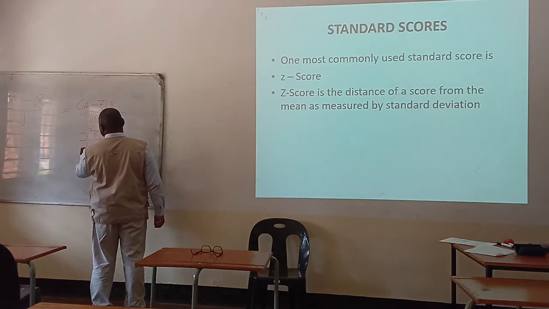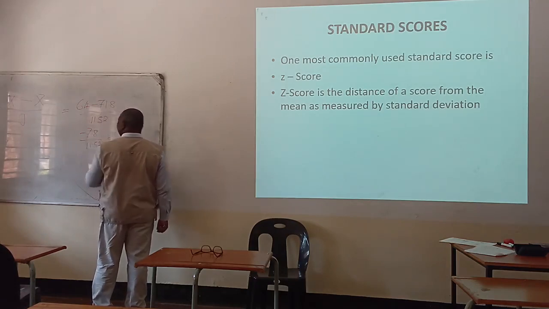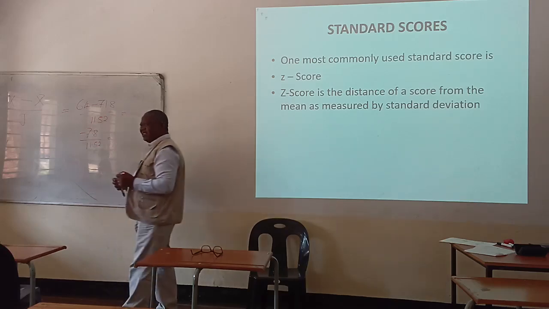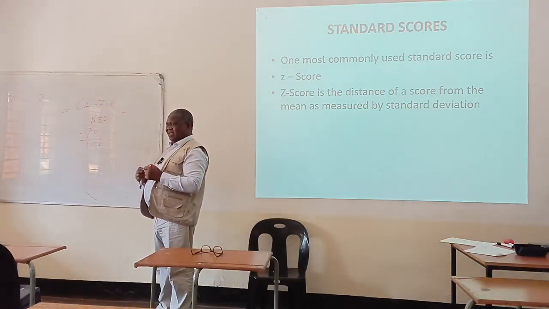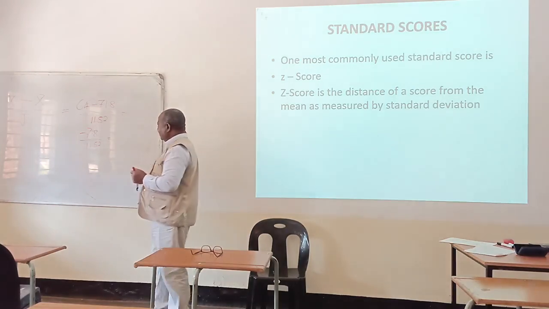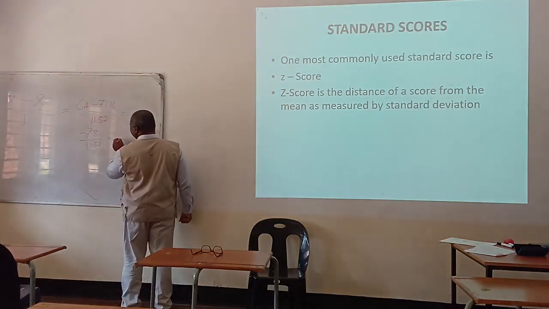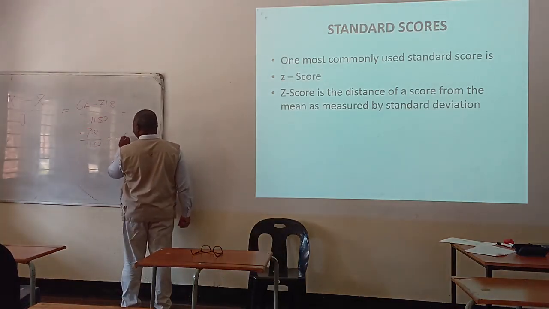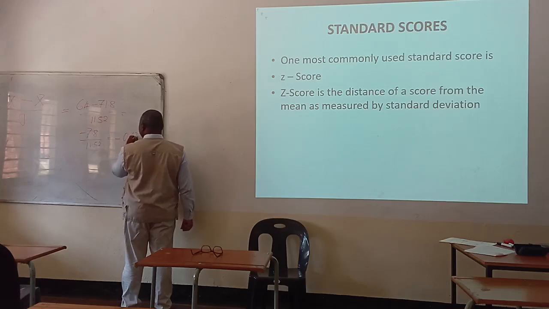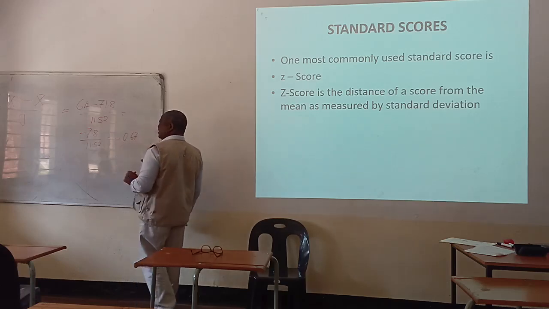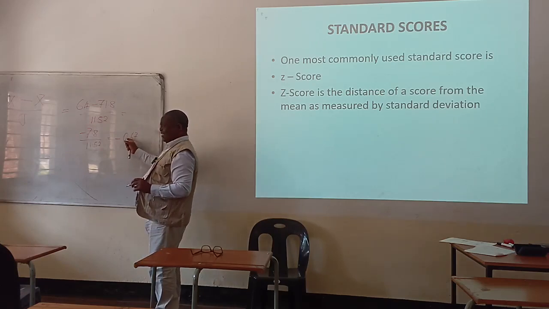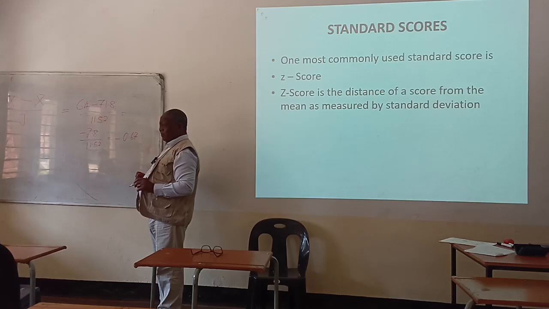Divided by the standard deviation of about 11. What does that give us? Negative 0.7. That's the standard score for 64.